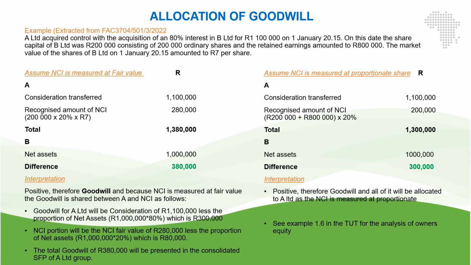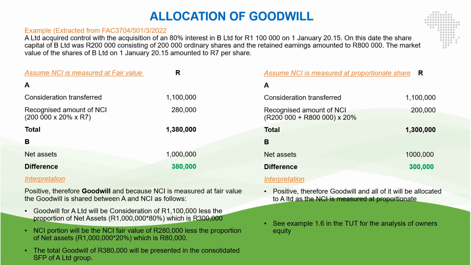And then because this is measured at fair value, there should be allocation of goodwill between the NCI and the parent. And for you to do that, you say the goodwill for A, who paid 1.1 million. And then what is the portion of the asset that is owned by A?